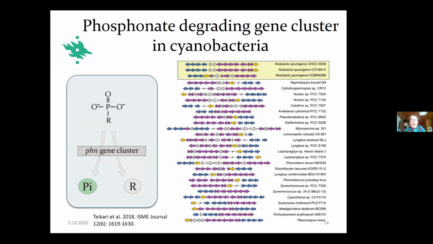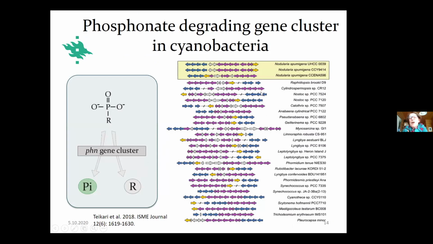So my last story is about the phosphonate degradation gene cluster in cyanobacteria. We noticed that these Nodularia strains contained this kind of phn gene cluster, which cuts the phosphorus-carbon backbone here, and phosphorus is liberated and also a carbon compound.